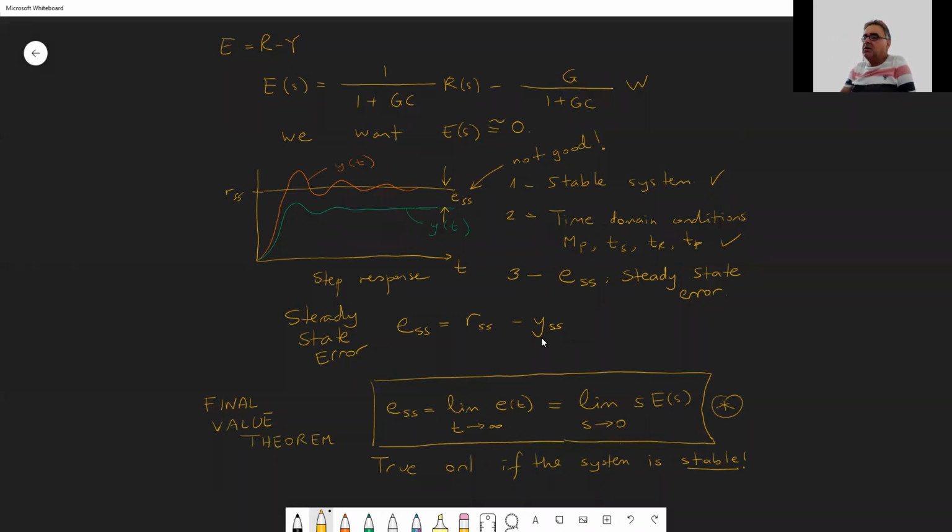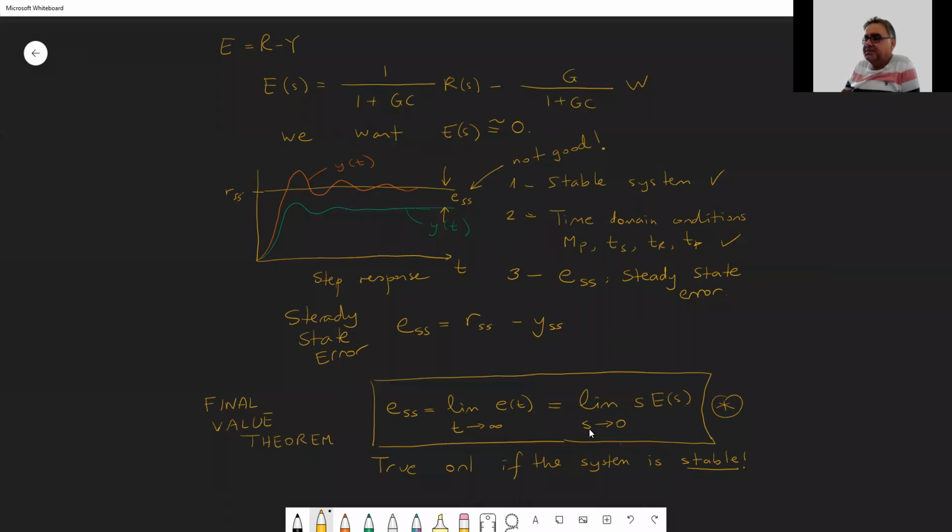You want your car to go 90 kilometers per hour, but it goes 80, and the error is not something good. So we want this to be 0 for different kinds of inputs. We will see it today.